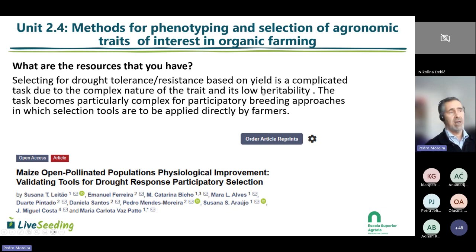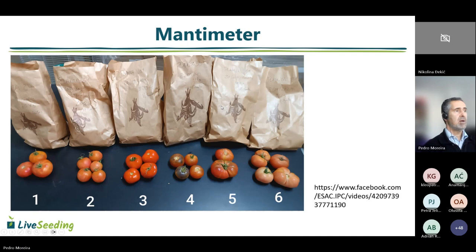And this is even worse when we have low heritability, so it means the ratio of genetic to phenotypic variance. The task becomes particularly complex for participatory breeding approaches in which selection tools need to be applied directly by farmers.